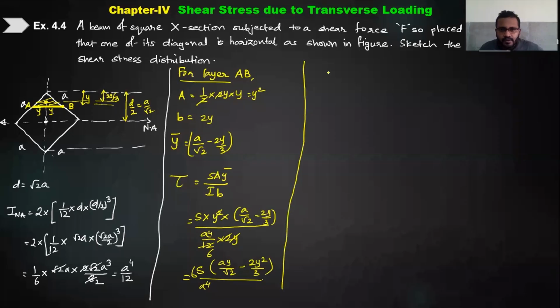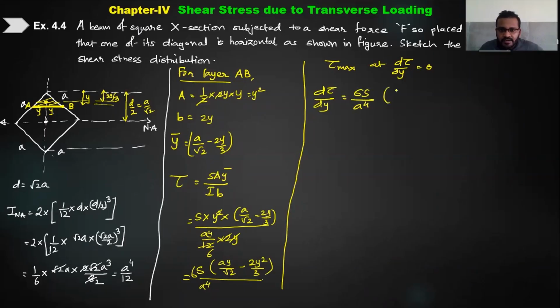Differentiation. d tau by dy. You know that for tau to be maximum, d tau by dy is equal to 0. Toh let's say d tau by dy karte hain, isko differentiate karenge toh 6S by a raised to 4 is as it is.